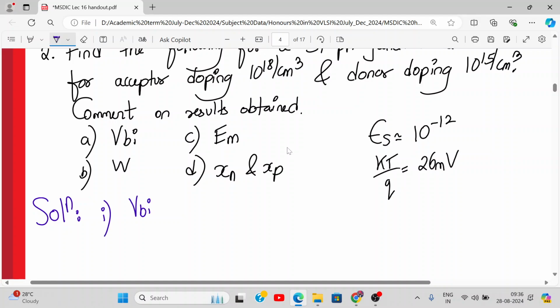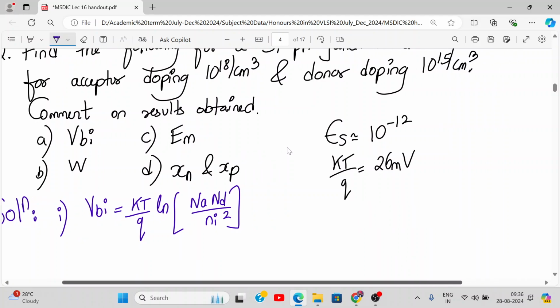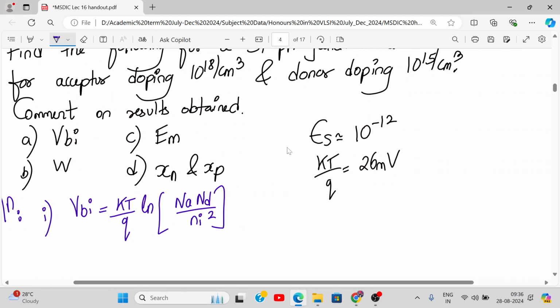So VBI will be KT by Q, natural log of Na Nd upon Ni square. Actually, Ni square value also you should know. Ni is 1.5 into 10 raised to 10.